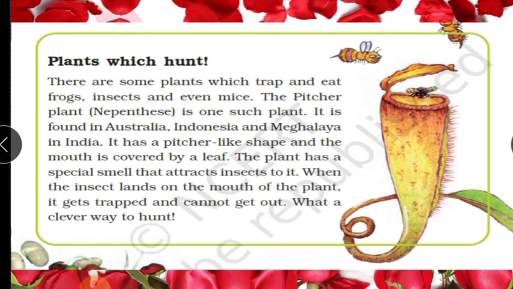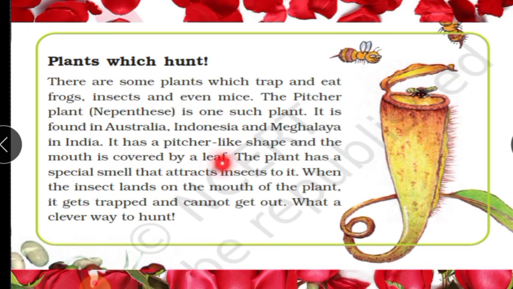Now we are going to learn about a very interesting plant, and the name of that plant is pitcher plant. There are some plants which trap and eat frogs, insects and even mice. The pitcher plant is one such plant. It is found in Australia, Indonesia and Meghalaya in India.